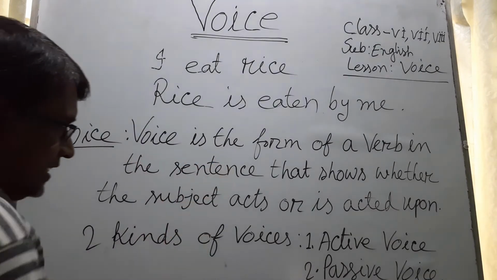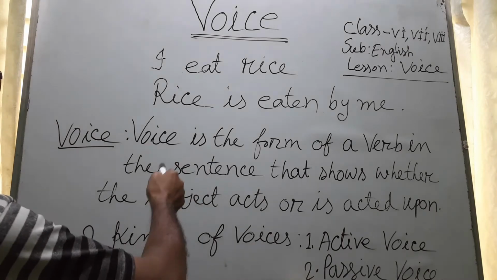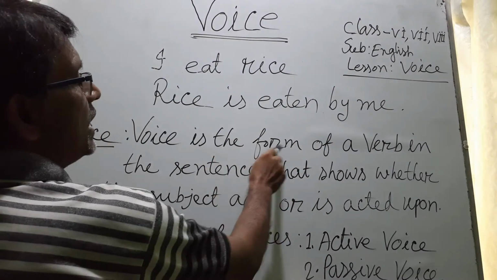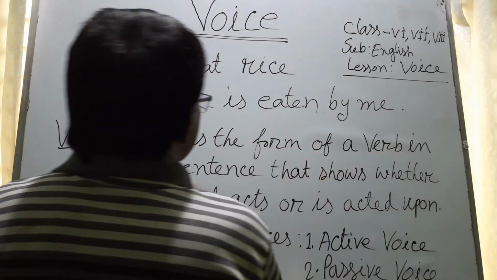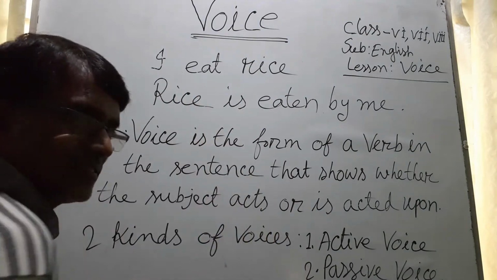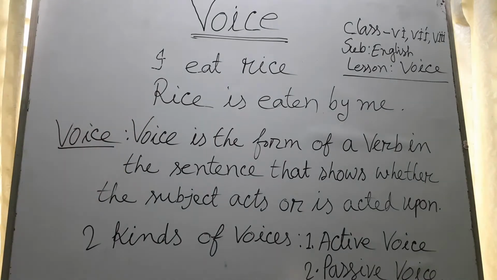And in the definition, this is said that voice is the form of a verb in the sentence that shows whether the subject acts or is acted upon. In the English language, we express our same mood in two ways, like this.